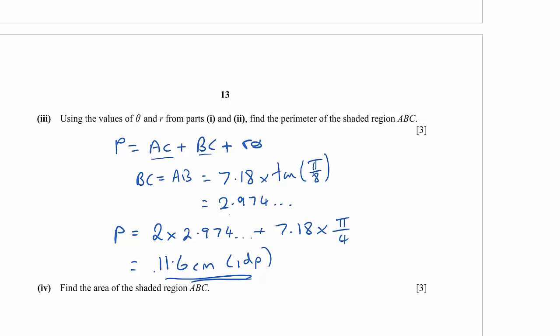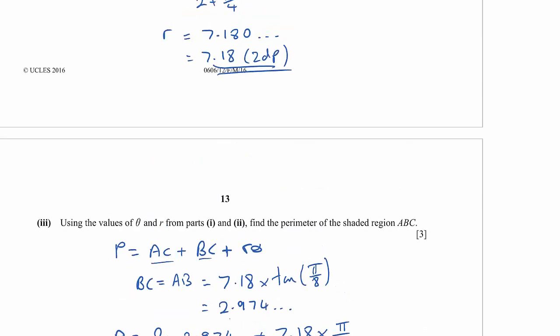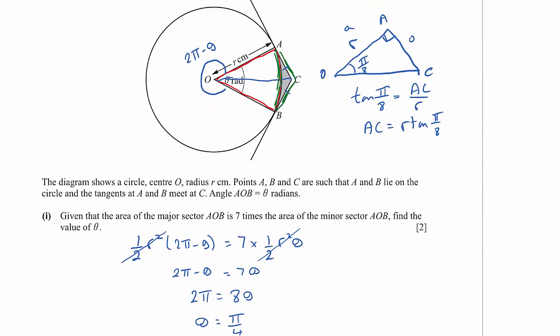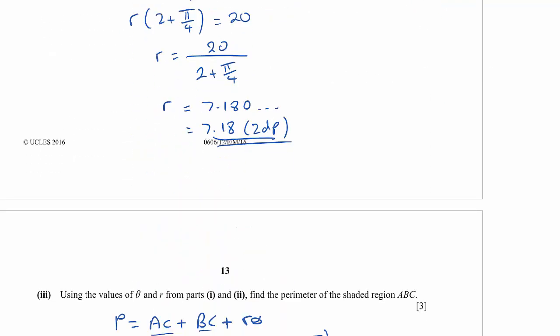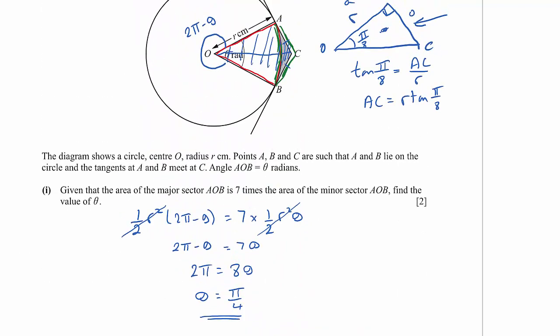And finally, we want the area of that shaded region. Well, we can work out the area of this triangle because we know the things we need for that. And then if we double it, we would get the whole of this, and then we could take away the sector, and that would give us the shaded region. So if we consider this to be the height, that's the 2.974, and r is the 7.18.